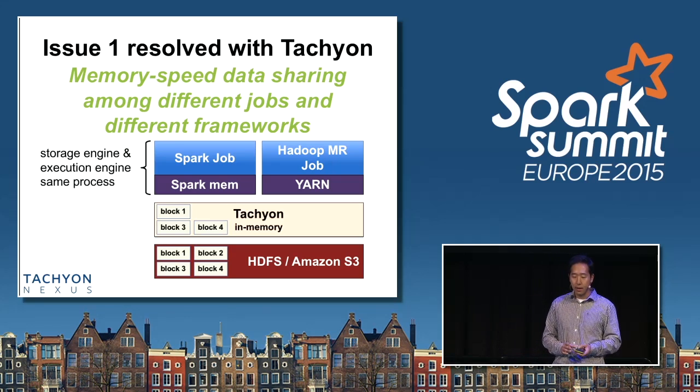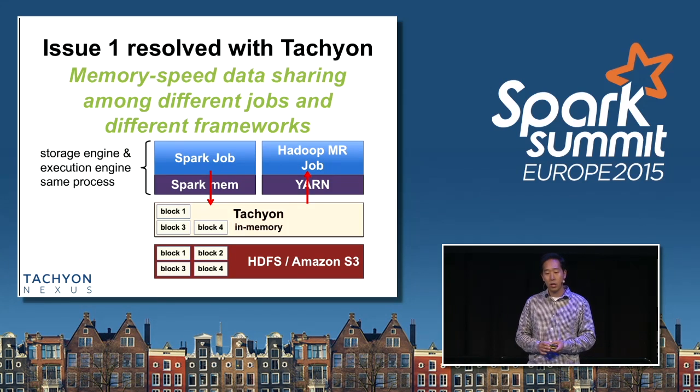The first job can write directly to Tachyon, which stores all its data in the RAM disk, in memory, and then the next job can read it from memory again without having to hit the slower hard drive-based storage. In this situation, Tachyon can really help a lot of pipelined jobs that need to share data.